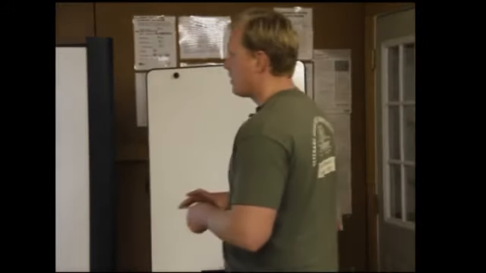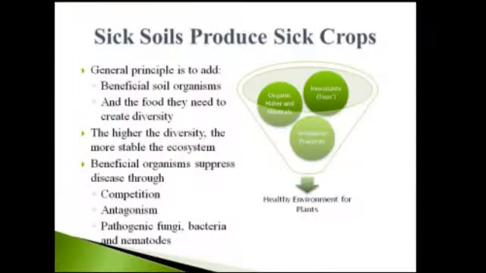So through competition and antagonism primarily, it makes it difficult for disease-causing pathogens to have much effect because they're competing just to stay alive as opposed to thriving on your crop. And you can see the graph on the right-hand side of your screen. We can have inoculants like our compost teas, which are a supply of microorganisms, organic matter and minerals, which are a food source for the microorganisms, and then good irrigation practices.